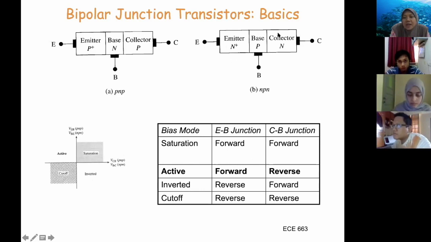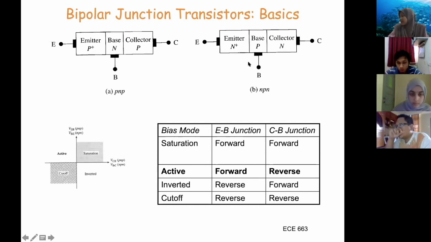You have N, P, and N, and it's actually just two diodes back to back, because this is a PN junction and this is another PN junction. For saturation you forward bias both junctions. In forward active mode, you forward bias the base to emitter junction only, and you reverse bias the base to collector junction. In cutoff, where you don't want current to flow at all, you just reverse bias both.